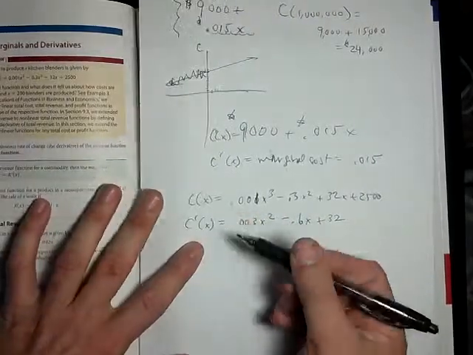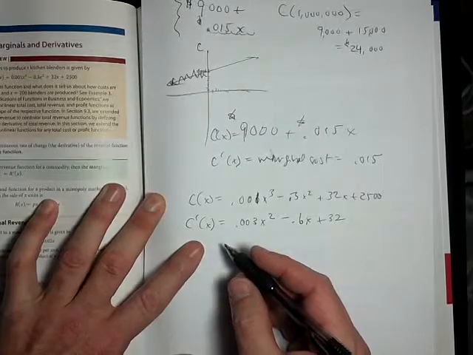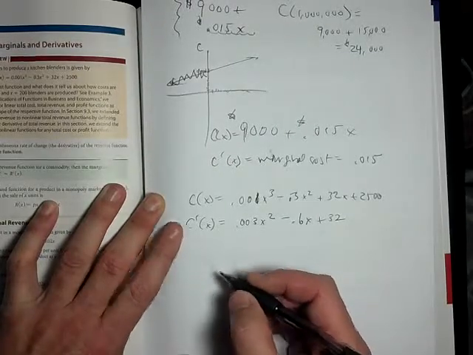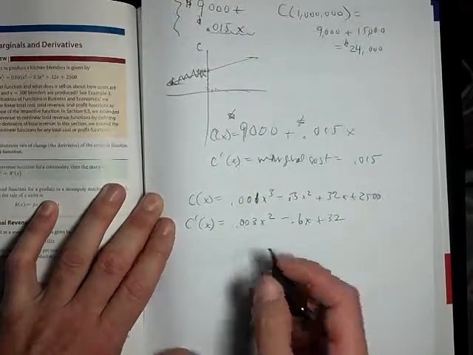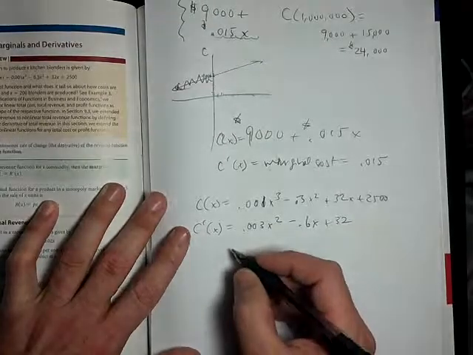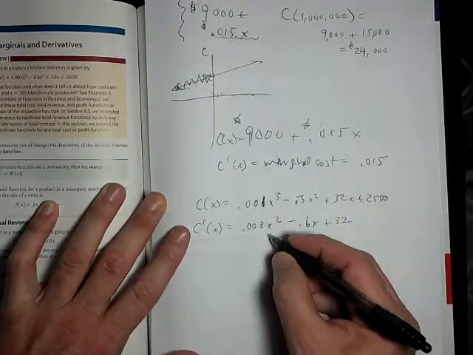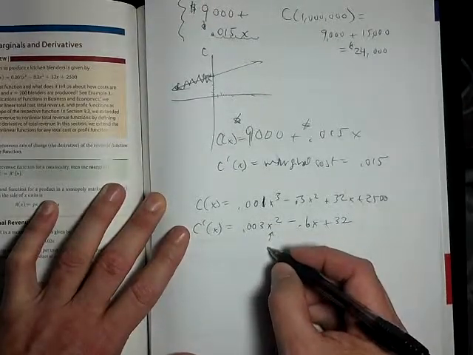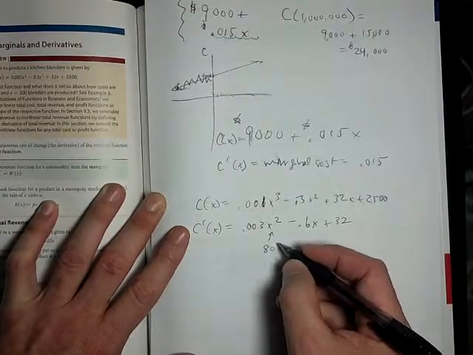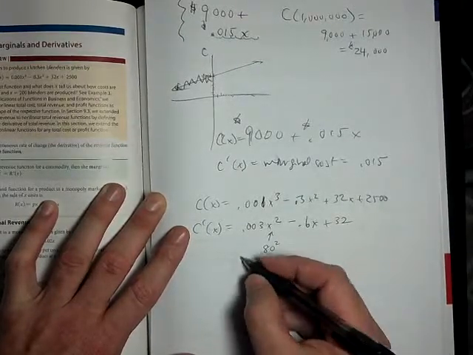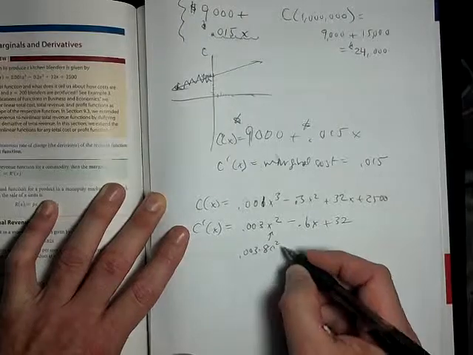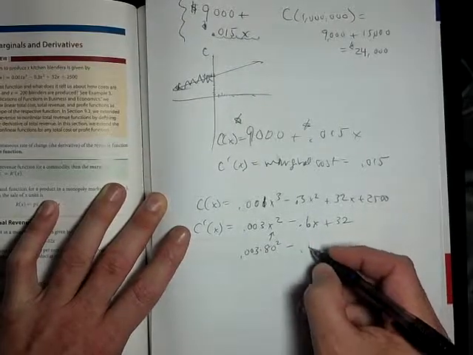So then they ask you, what does it say about how costs are changing when x equals 80? So just put in 80 for x. I don't have access to my calculator because it's filming me right now, and I'm not going to try to do this in my head.